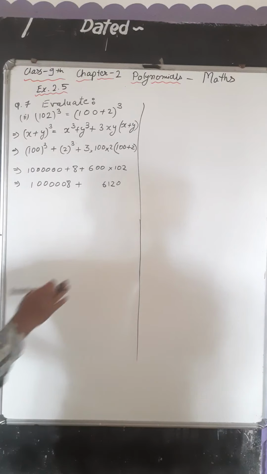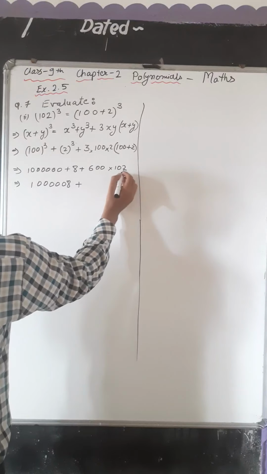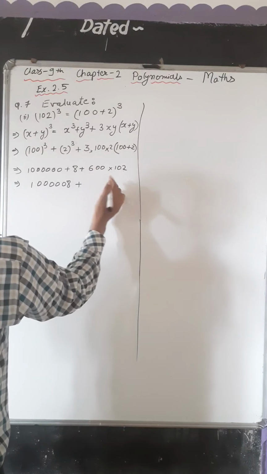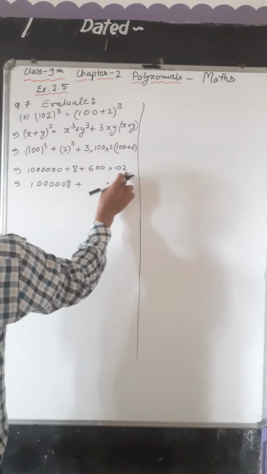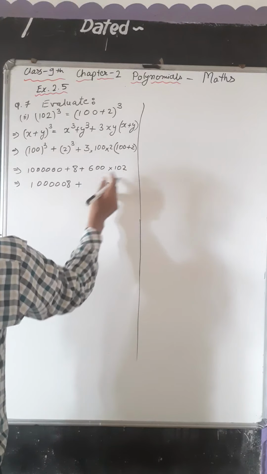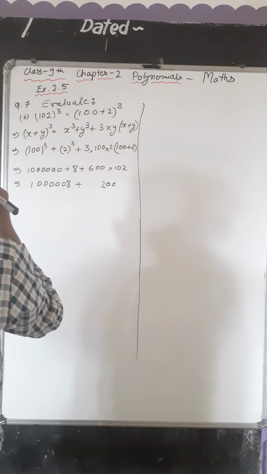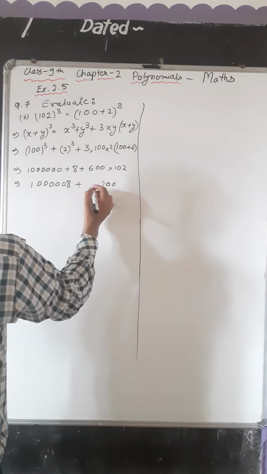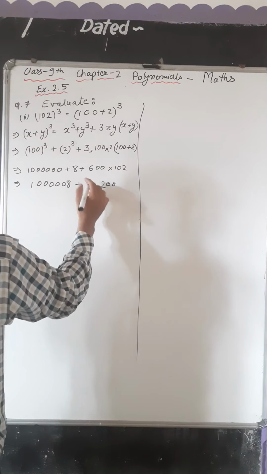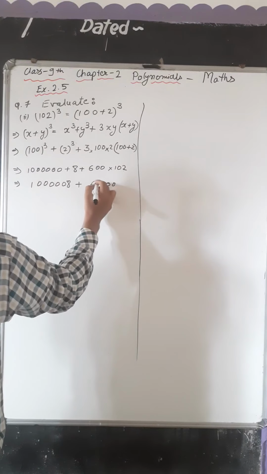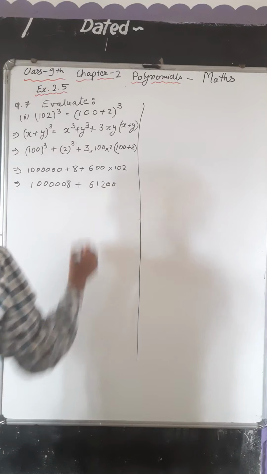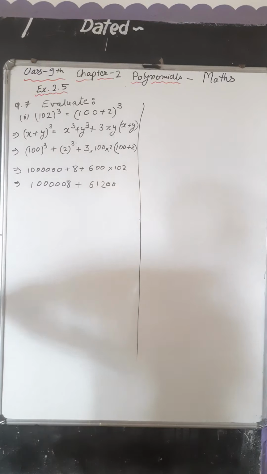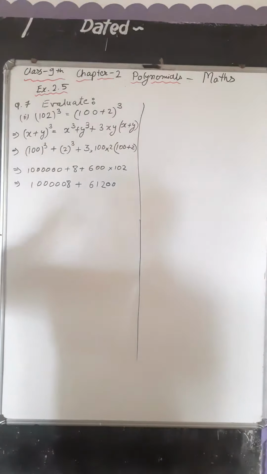Okay, is this right? 100 with 6 zeros. Okay, this is the correct answer.